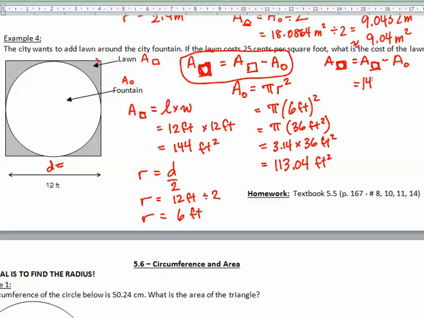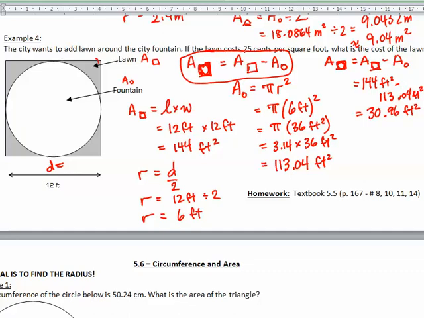Area of the square was 144 feet squared. Area of the circle was 113.04 feet squared. I subtract one from the other, and I get my total to be 30.96 feet squared.